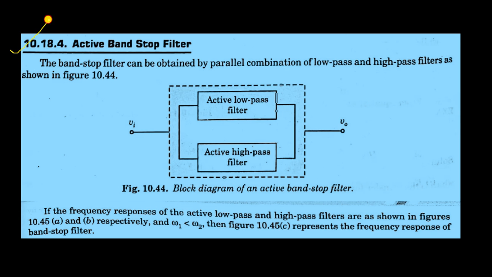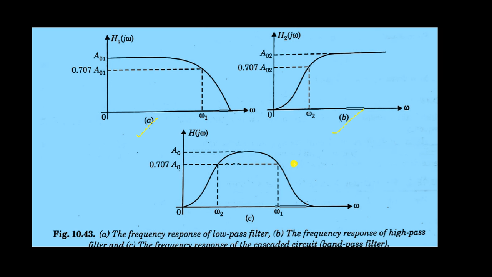Active band stop filter. Active band stop filter can be obtained by parallel combination of low pass and high pass filter, like this. So if the frequency responses of active low pass filter and high pass filter are as shown in figures 10.45a and b respectively, and omega 1 is less than or equal to omega 2, then 10.45c represents the frequency response of the band stop filter, which means all frequencies pass except the band, like this.